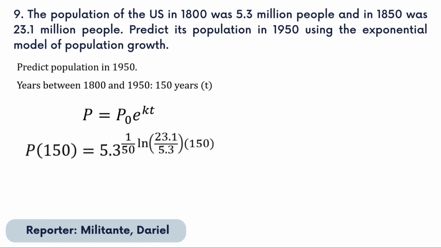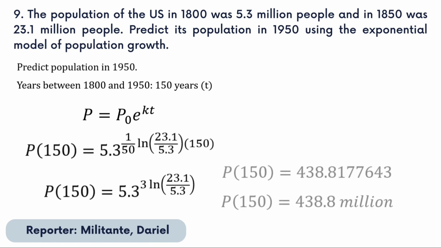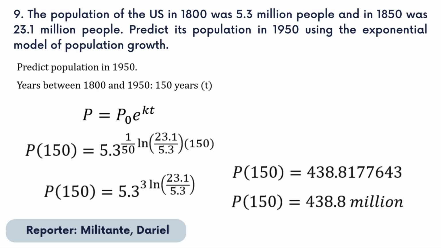We multiply the exponent 1 over 50 and 150 so we can simplify it a little before plugging it in the calculator. That will give us P of 150 is equal to 438.8177643. In the choices, all of them are rounded to the nearest tenth. So our answer will be 438.8 million, which is letter D in the choices.